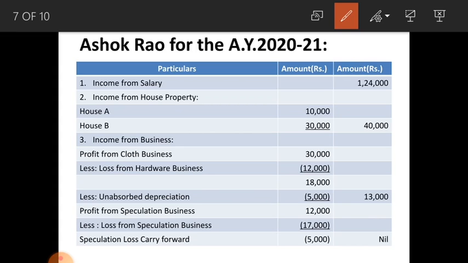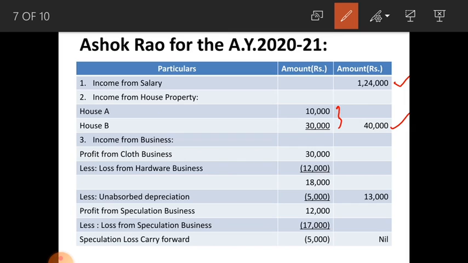In particular column, see the first one, you have to write income from salary. Here 1,24,000, write it in the outer column. And income from house property, there is income from both house properties, that is 10,000 and 30,000. Total of this you can write it in the outer column, 40,000.